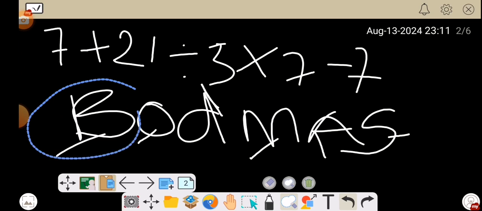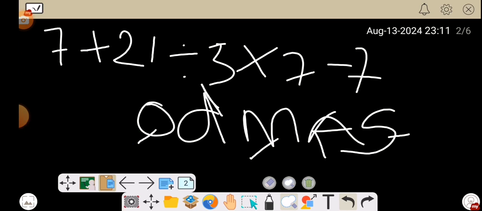Then the next thing is, do we have division in our question? Automatically yes. Where is division? Division here is between 21 and 3. So it is going to be our first priority; we will divide 21 by 3.